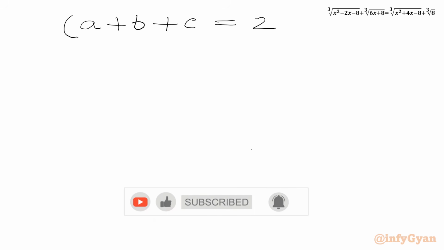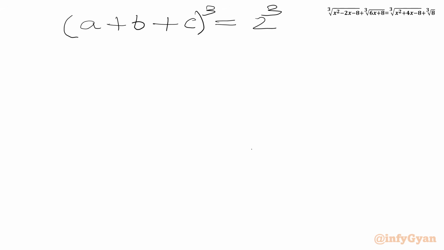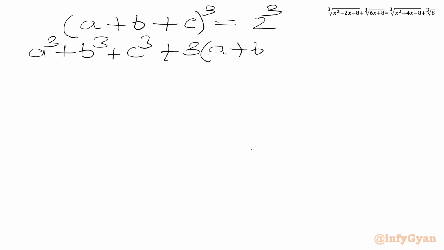And after cubing both sides, we will use one algebraic formula, which will be a cube plus b cube plus c cube plus 3 times (a plus b) times (b plus c) times (c plus a) will be equal to 2 cube, which is 8.